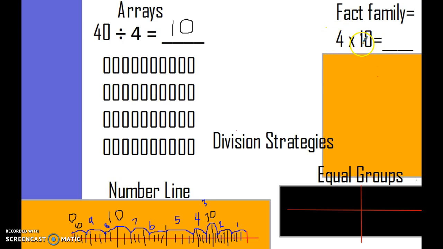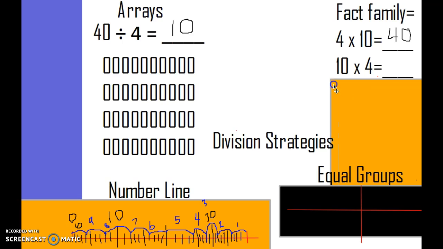If you've already been working on memorizing this, then you would know that it is 40. And you would also know, because of the properties of multiplication, that 10 times 4, you can switch those around and you get the same answer. So it's either 4 groups of 10 or 10 groups of 4. Either way, you get the same answer.